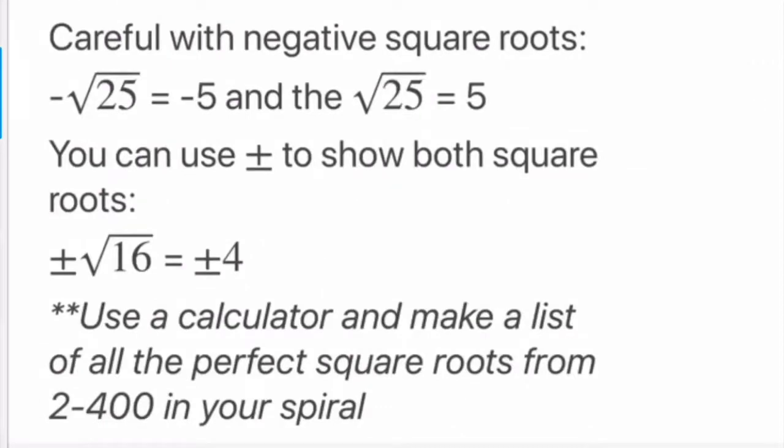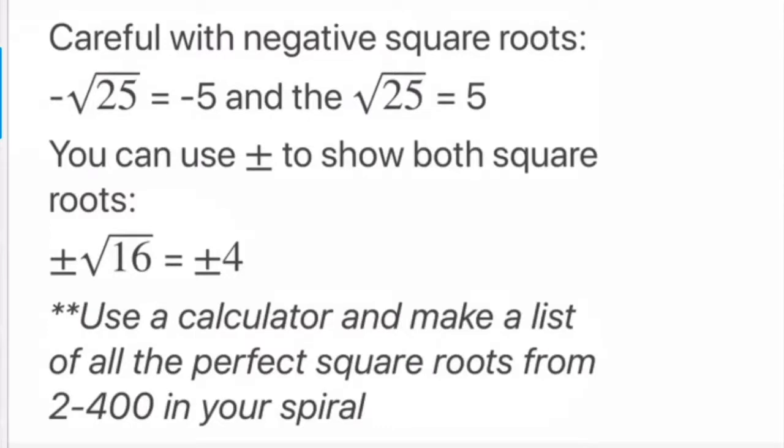All right, guys, so this is really important, negatives. Because you always have a positive answer when you are squaring a number. There's no way to square a number and get a negative answer. If you have -5 squared, the answer is going to be positive 25 because you have a negative times a negative. The base is 2 of the same. You're never going to have 1 negative and 1 positive.